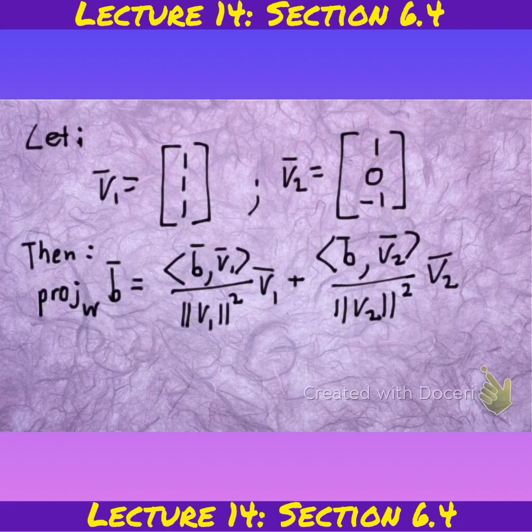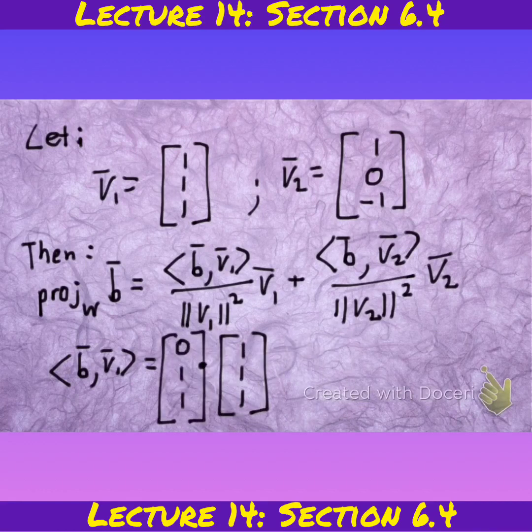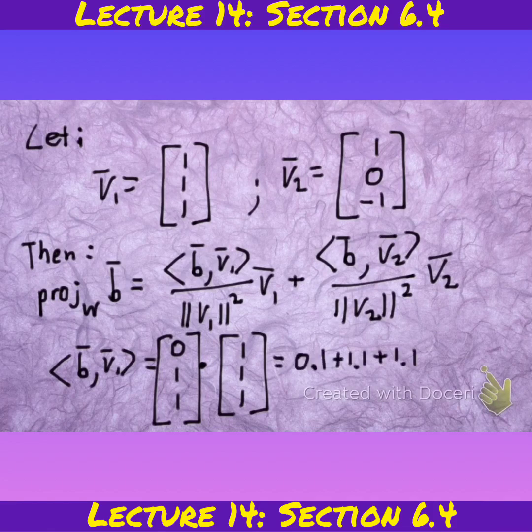So we need to go and firstly determine what is the inner product of the vector B with the vector V1, and that is pretty much going to be the dot product of the vector V1 with the vector B. Okay, and so that is going to be 2.